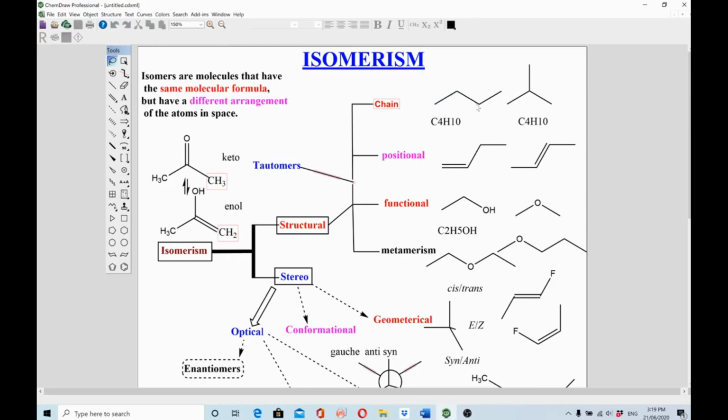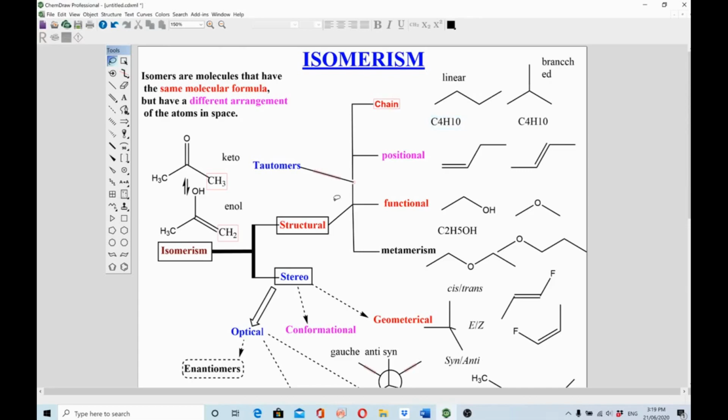This one is a linear 4 carbon chain, but this one is branched. These two have the same molecular formula and the same molecular weight, but they are two isomers. What kind of isomers are they? They are chain isomers.